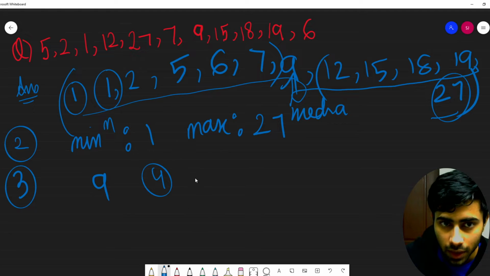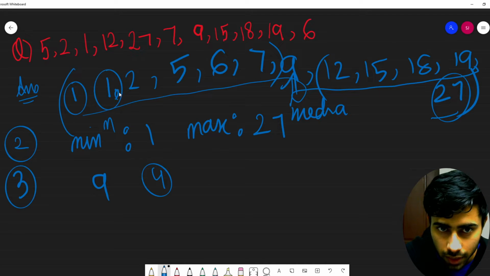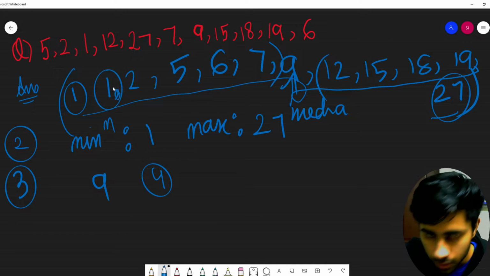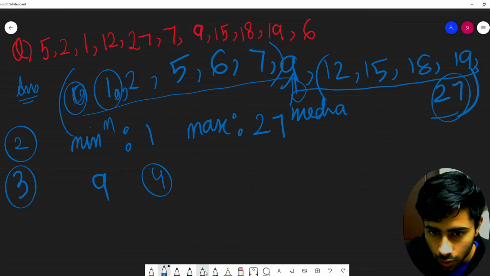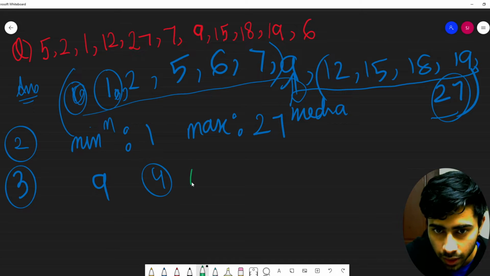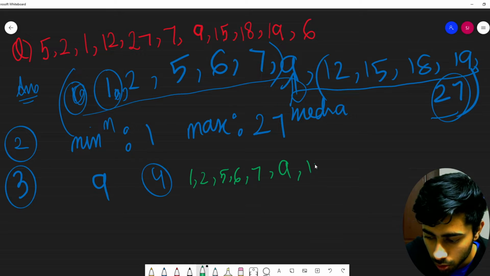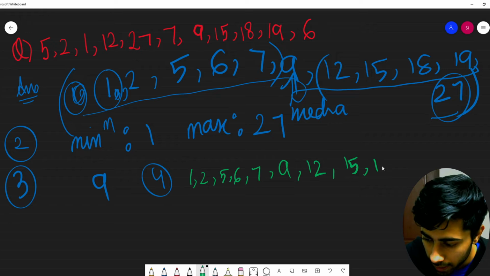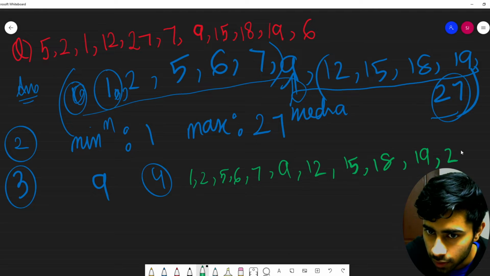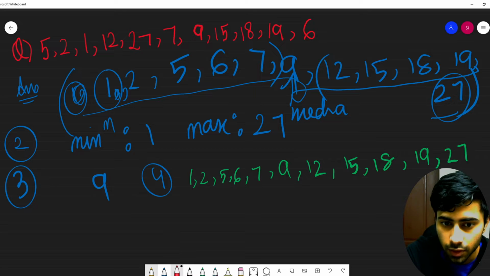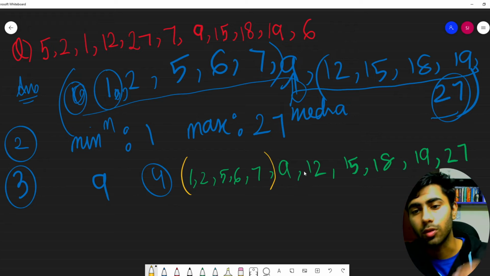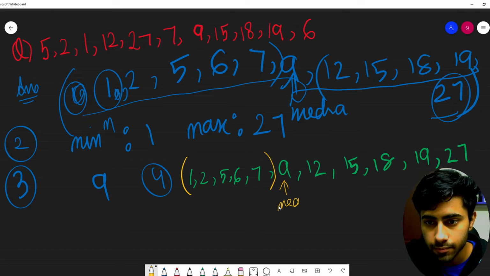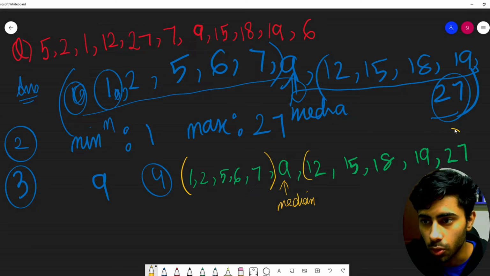So my elements are going to be, I'm going to write it here again, 1, 2, 5, 6, 7, 9, 12, 15, 18, 19, 27. So my subgroup 1 is going to be this, that is elements lower than my median. This is my median, and this is going to be my subgroup 2.